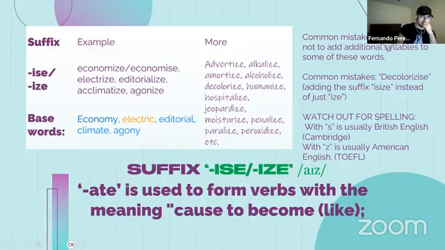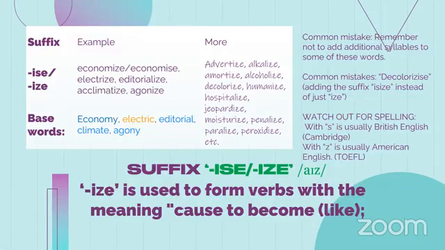Suffix ize or ise. Ize is used to form verbs with the meaning cause to become like. Economize, electrize, editorialize, climatize, agonize.